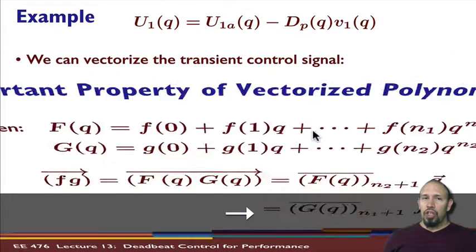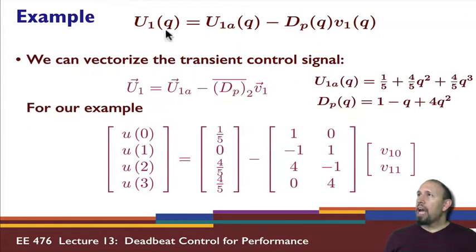Okay. So in our problem now, we have a situation like this. Okay. We have u1 of q is equal to some polynomial, u1a of q, minus something else that involves our unknown v1. Okay. So we can vectorize this polynomial this way.